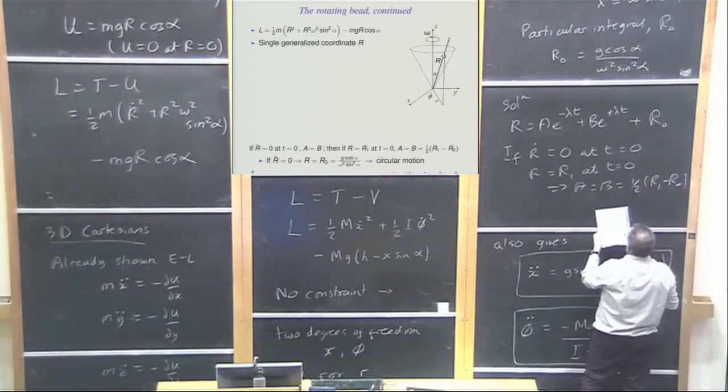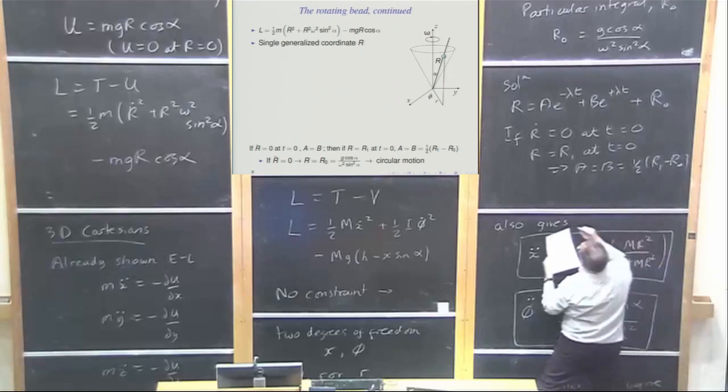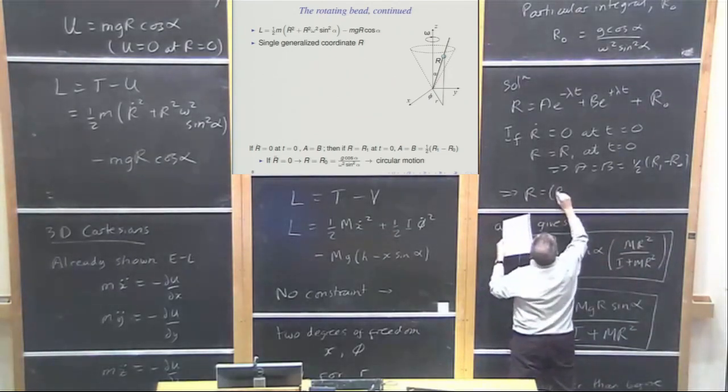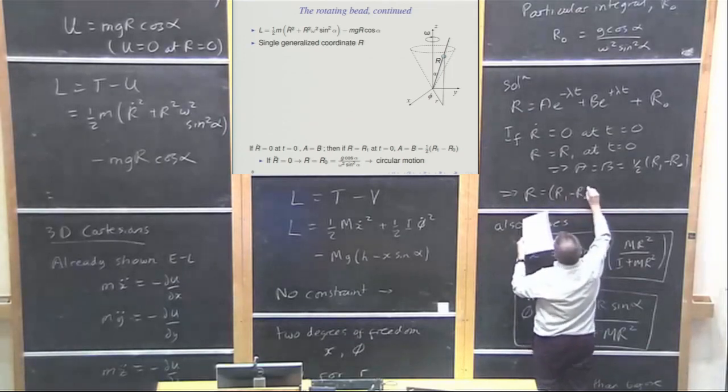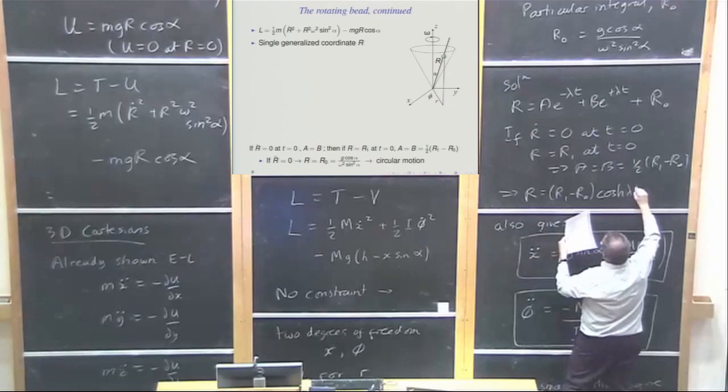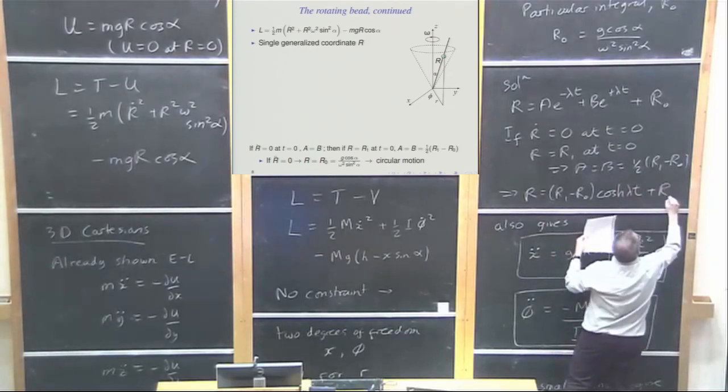I'll let you show that. And then we get that r is (r1 minus r0) cosh lambda t plus r0.